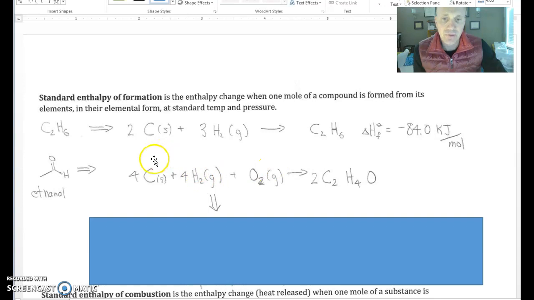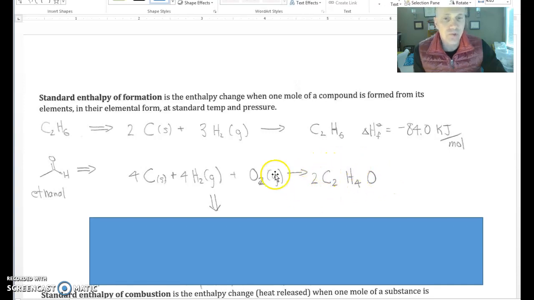All right, so there's a problem with using this as the equation with which to represent the standard enthalpy of formation, and that's because, remember, it's when 1 mole of a compound is formed. This would show when 2 moles of that compound is formed.